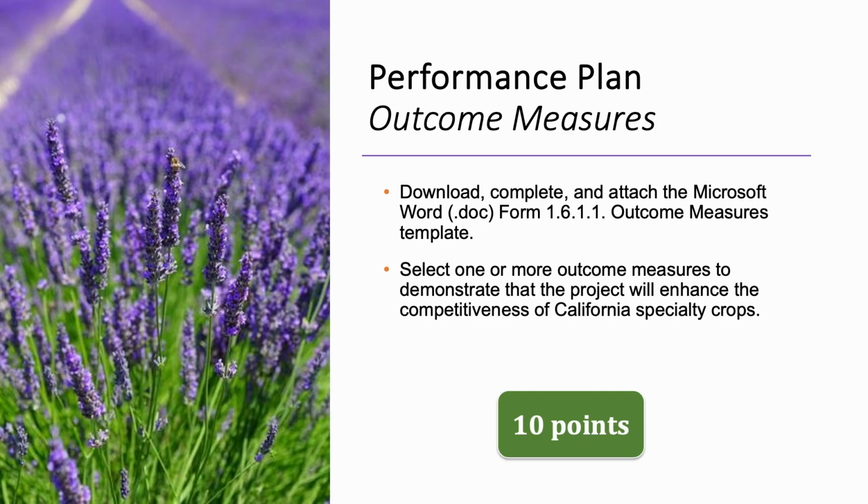Next is where the project outcome measures is selected. You won't select or provide information regarding the outcome measures in FAST. Instead, download and save the Microsoft Word Form 1.6.1.1, also known as the outcome measures template, to your computer.